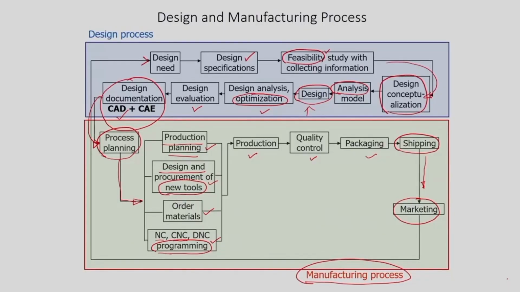Now, as far as the variety of functions or elements of this design and manufacturing process are concerned, we will be looking at the technical aspects of the production equipment, quality control equipment, packaging equipment, and a variety of tools like numerical control, computer numerical control, and machine tools.